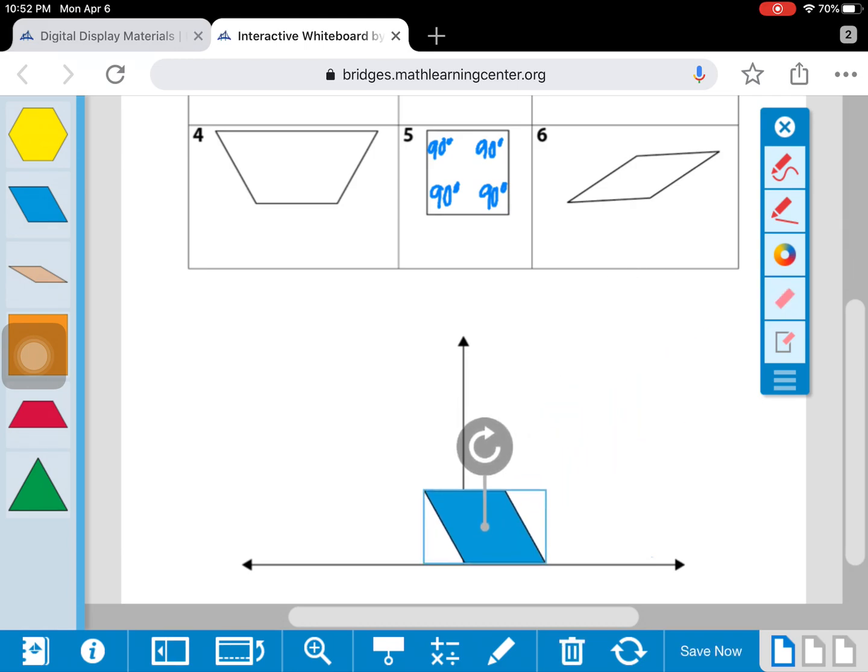So I'm going to line it up right there, and I'm going to decide what would go in here first. I think if I'm trying to think about this perfectly, I might put a triangle in there. Does that fit? Or is there still some left from the rhombus? There's still a little bit left over.